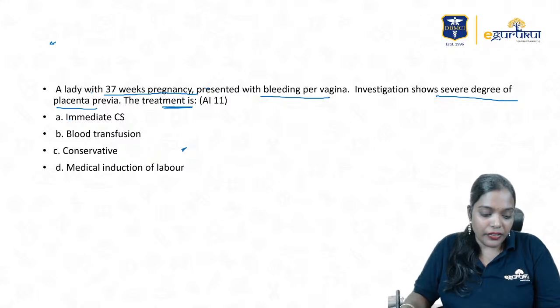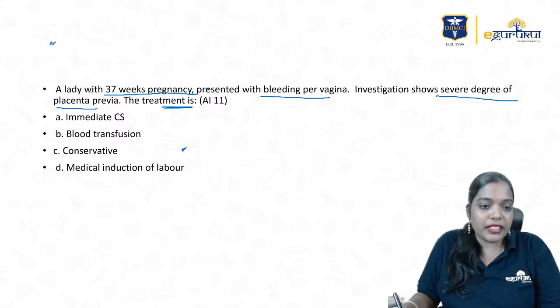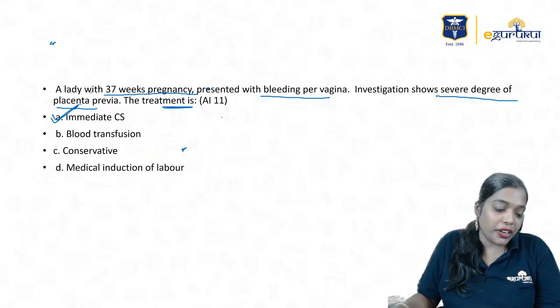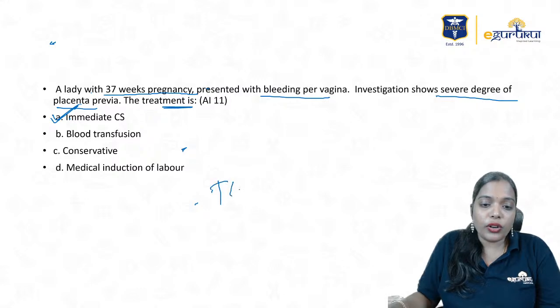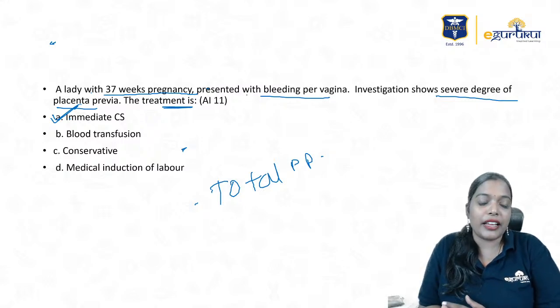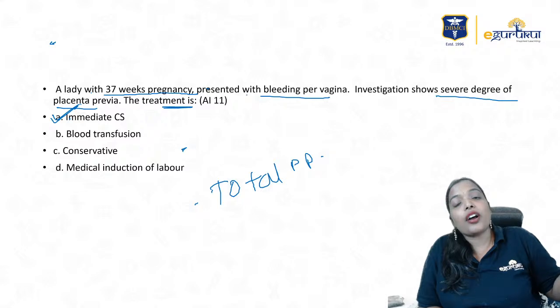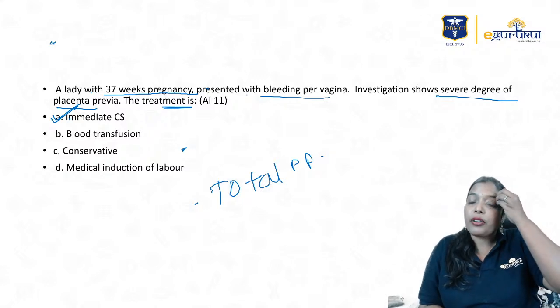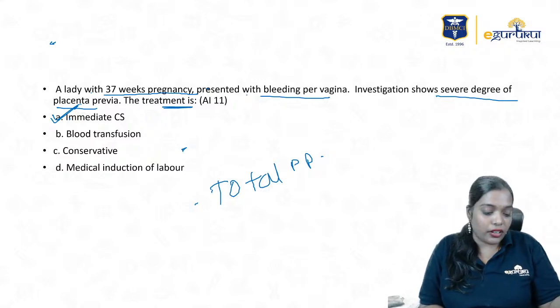Here the answer will be immediate cesarean section. Why? Because she has come with severe degree of placenta previa, which means total placenta previa or type 4. But that is not why I'm doing immediate cesarean. I'm doing it because she has crossed 37 weeks, so there's no point in waiting on her. That is why you go for immediate cesarean section.